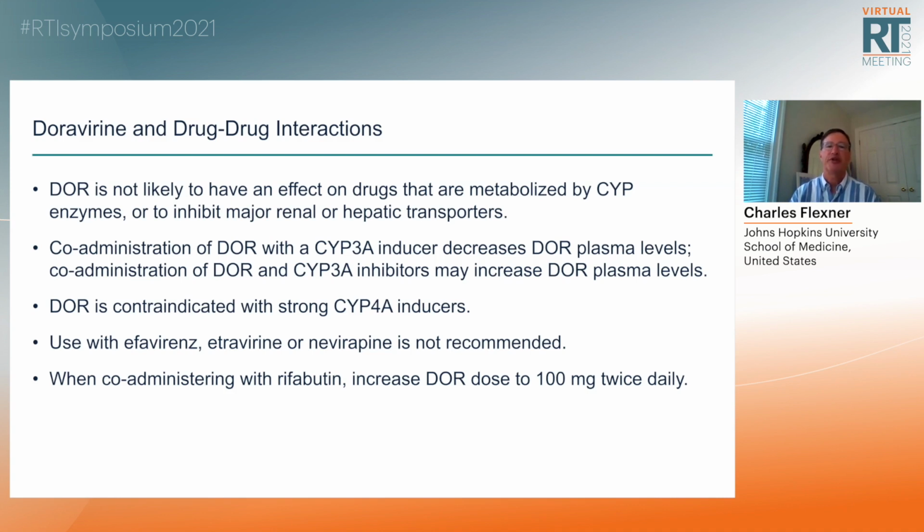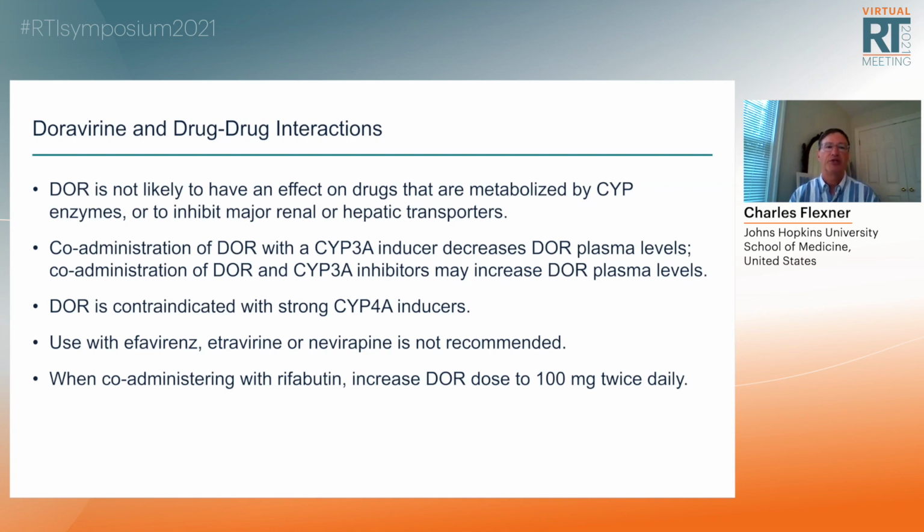However, because it is a cytochrome P450 3A4 substrate, co-administration with a 3A4 inducer can adversely decrease doravirine plasma concentrations, and co-administration with 3A4 inhibitors could increase the plasma concentrations. Therefore, doravirine is contraindicated with strong cytochrome P450 inducers like rifampin or St. John's wort.